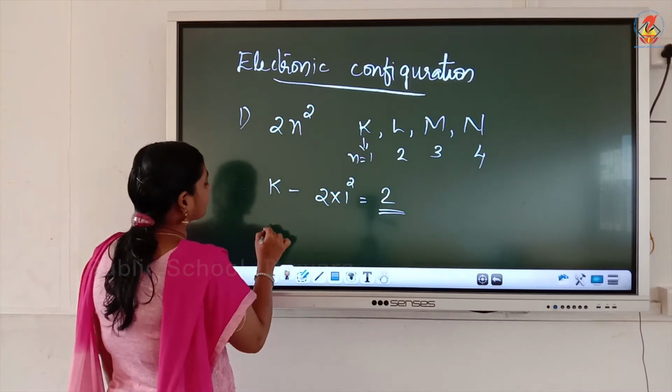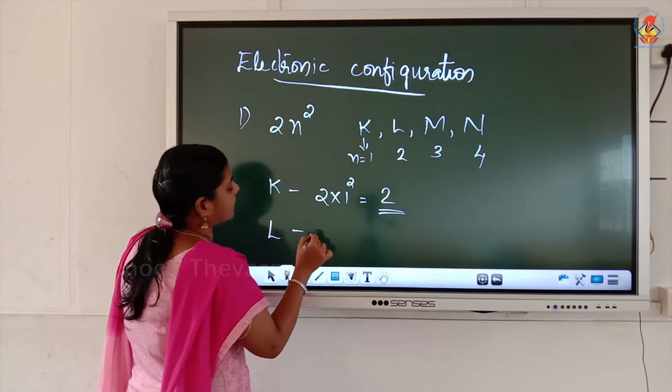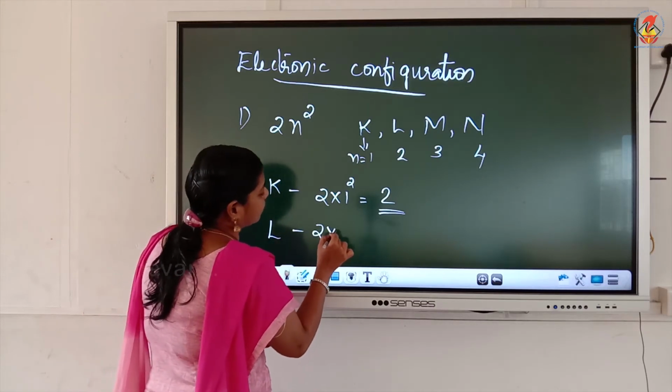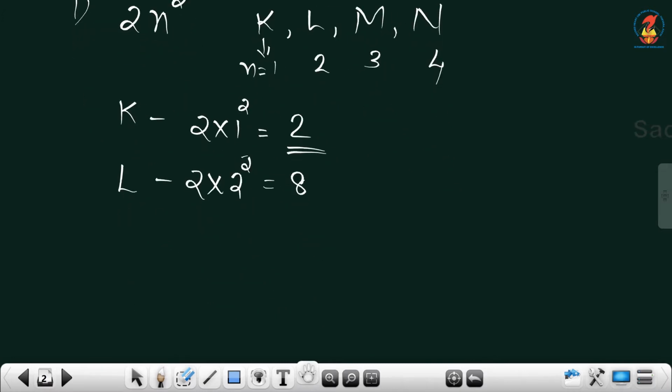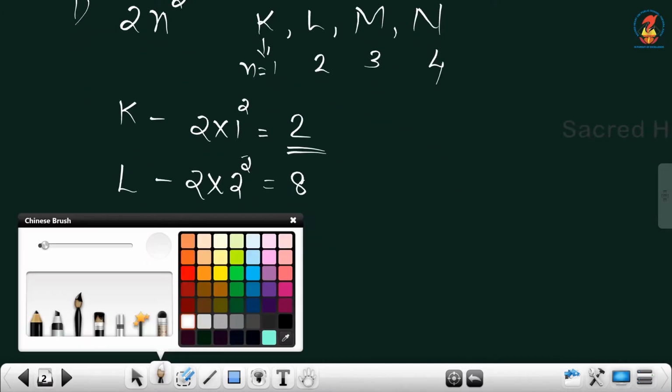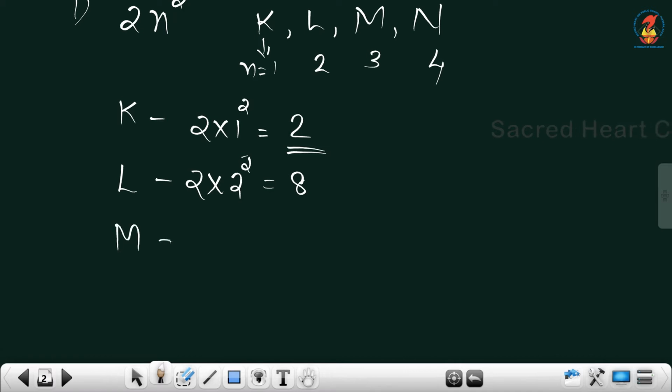And for the second shell, the L shell, what is the capacity? 2n square, 2 into 2 square, that is equal to 8. For the M shell, it is 2 into 3 square, that is equal to 18.